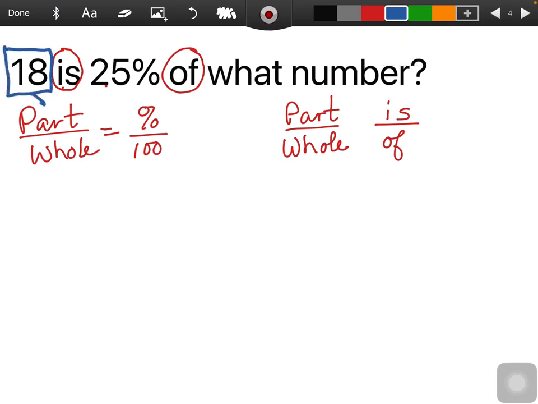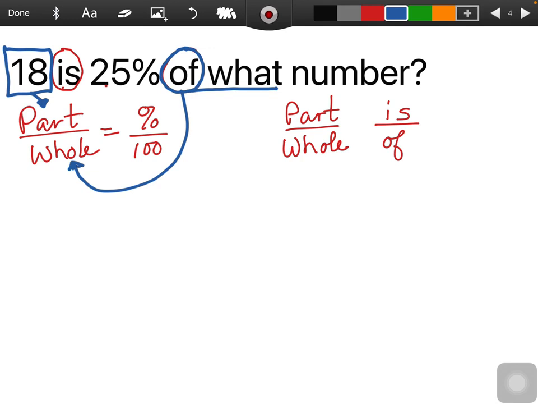So my 18 is the part. Of what number insinuates that the number is bigger, because it's 25% of a number. And it's "of a number," which means that number would be my whole, my total.